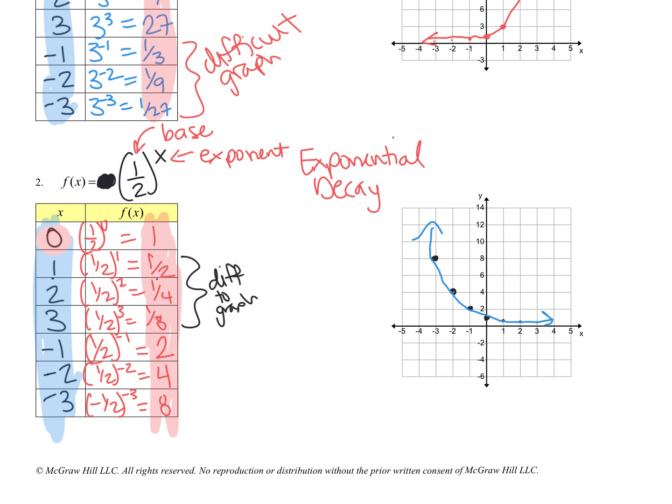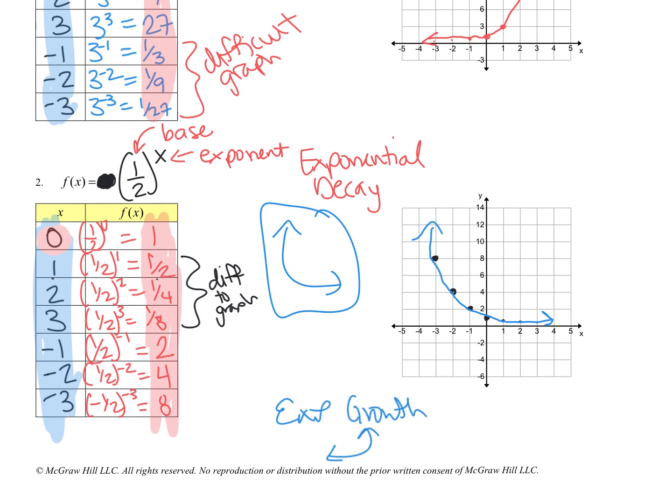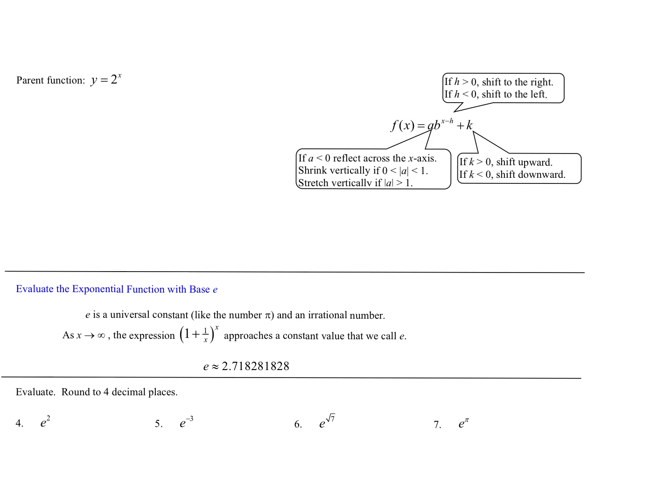All right, so exponential decay has a general shape that looks like this, whereas exponential growth looks like that. Okay. So for the parent function y equals 2 raised to the x power, we can actually use our transformations to help us with shifting and creating a new graph.